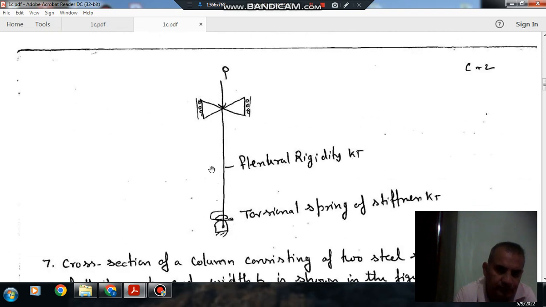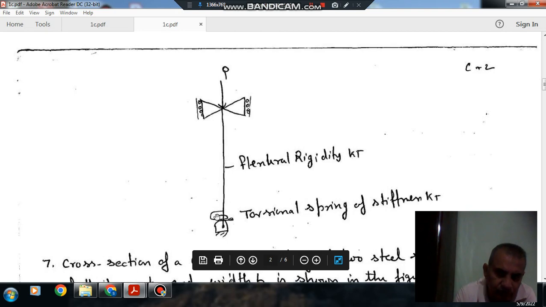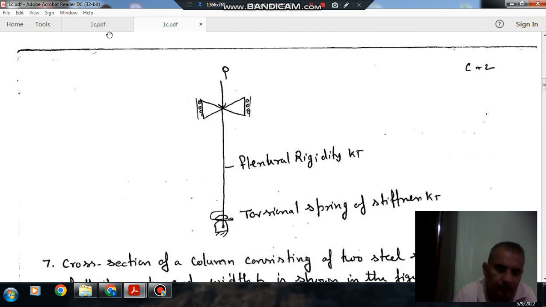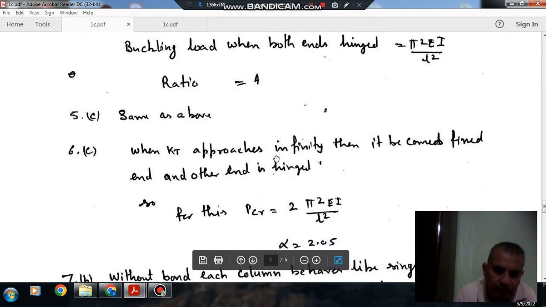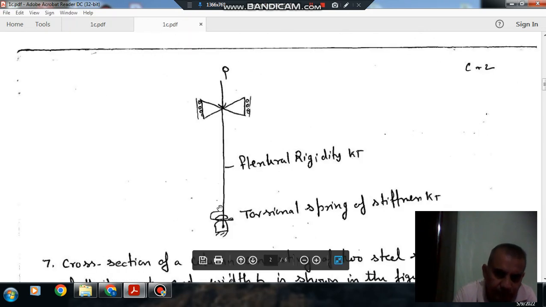So this is the figure, and here the torsional stiffness KT is there, and here the load P is applied. When KT approaches infinity, this becomes a fixed end, so there is no slope and no deflection.